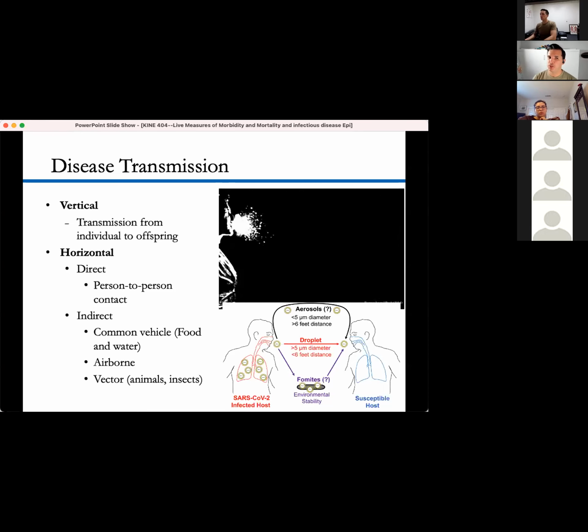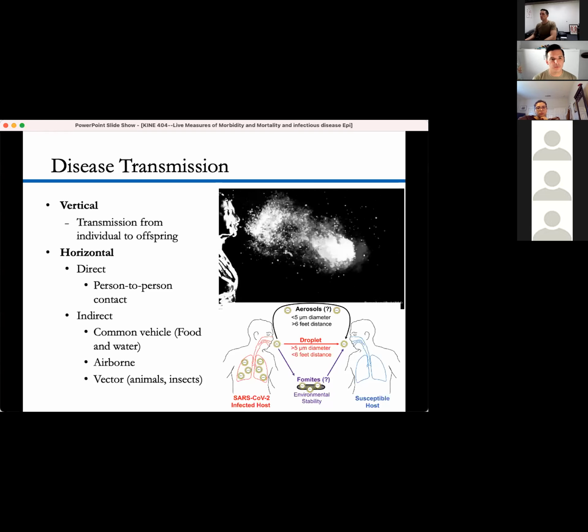Horizontal transmission has two different forms. There can be direct horizontal transmission, which means direct contact from person to person. So that would mean that I have the flu or the cold, and we come into contact either through sneezing or touching hands, or through sexual intercourse, or through some other means of direct contact with a person.